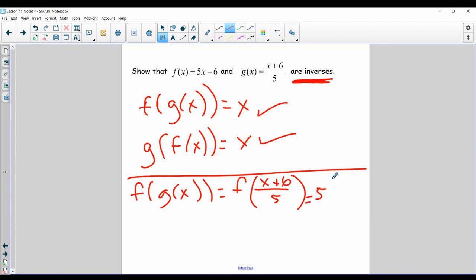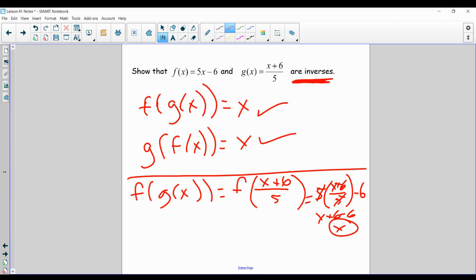So that would be 5 times x plus 6 over 5 minus 6. Okay, and then algebraically, the 5 and 5 cancel, and I would end up with x plus 6 minus 6. Plus 6 minus 6 is 0. You end up with an x for an answer.